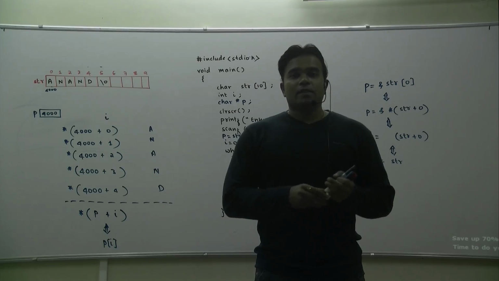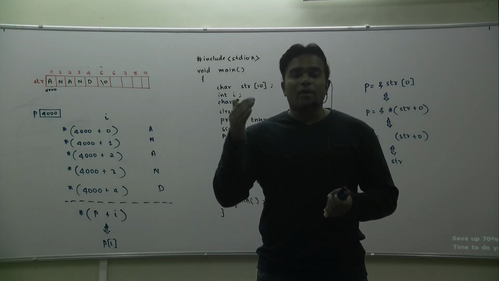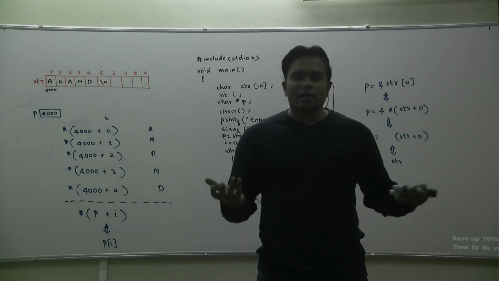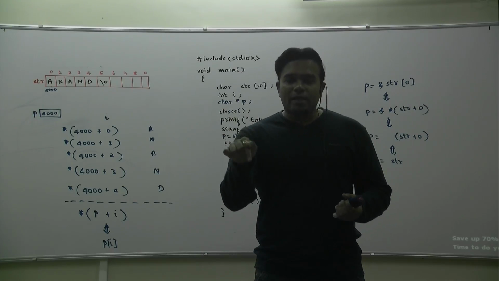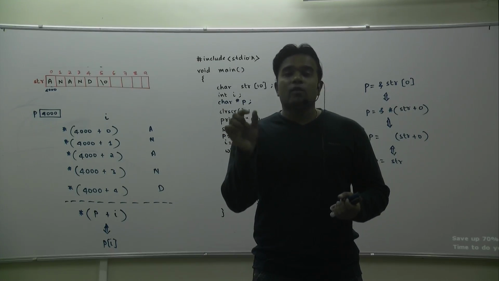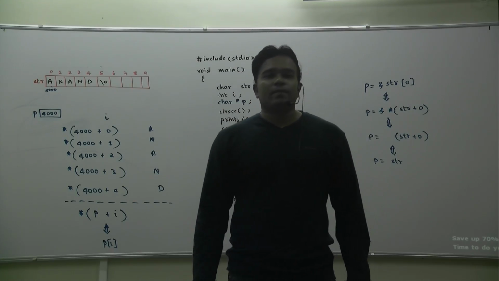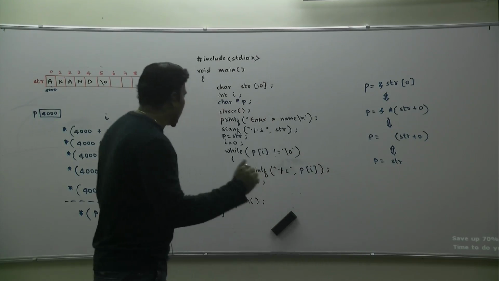Now this video has made you think beyond the normal thinking that array is different and pointer is different. Array name will give you the base address. In other words, the array name holds the base address. If you ask me what it is, I will now represent it.